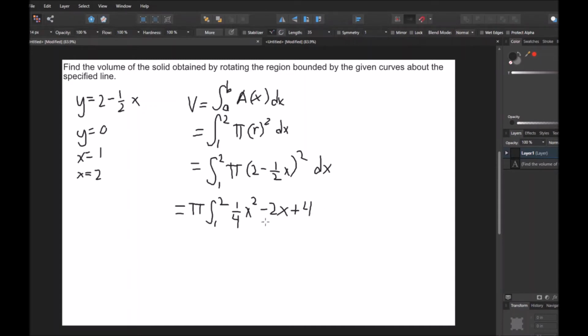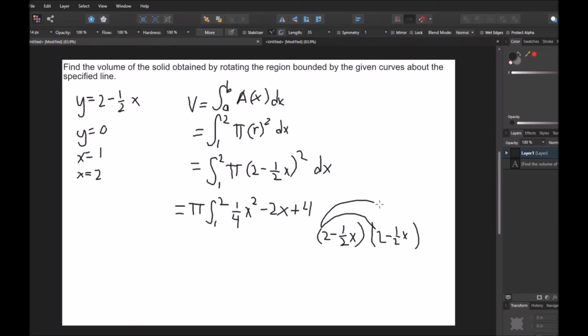And if you want to know why that is, we can just do it long form right here. 2 minus 1/2 x times 2 minus 1/2 x. So this 2 and 2 multiply to give us our plus 4.